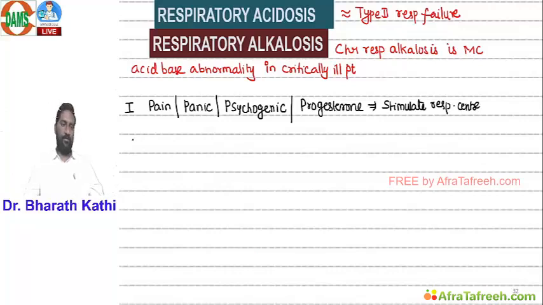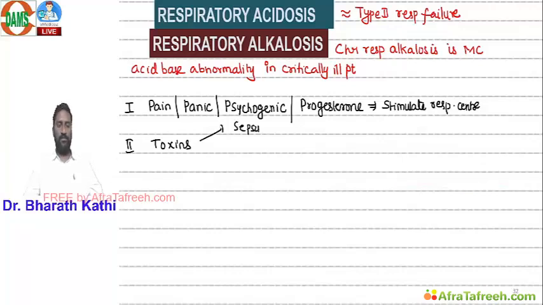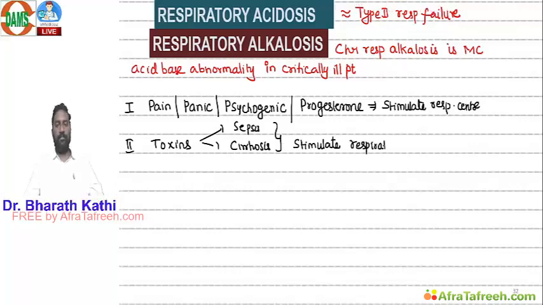Coming to the second group, toxins produced in the body either due to sepsis or cirrhosis. These toxins are also capable of stimulating respiration. Then diseases responsible for hypoxemia.